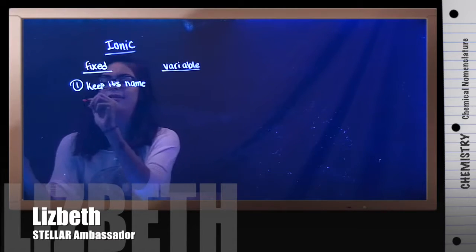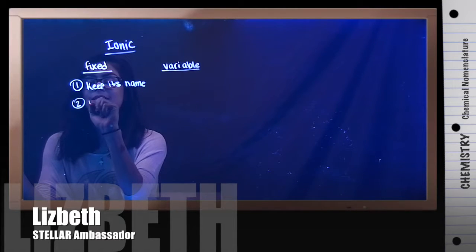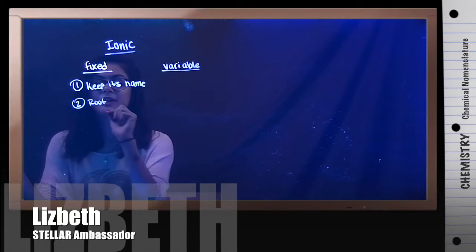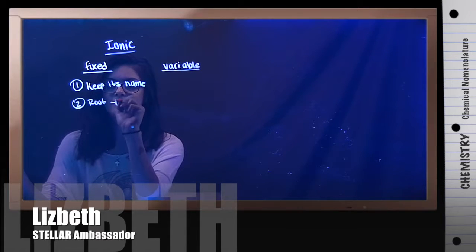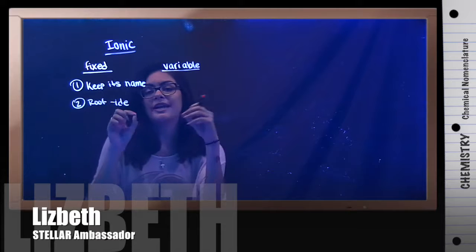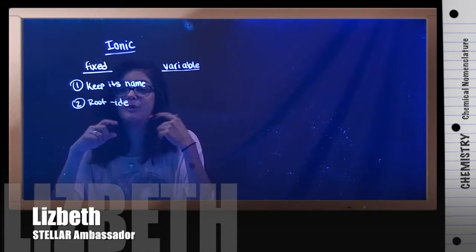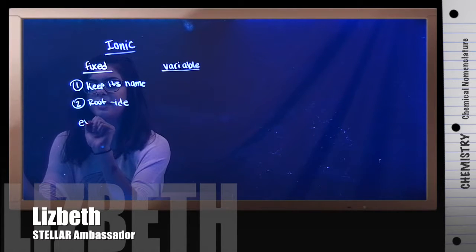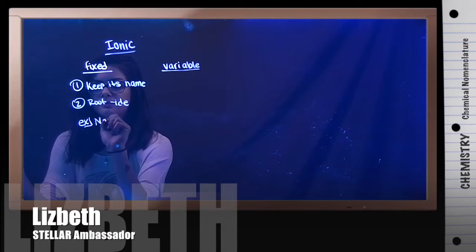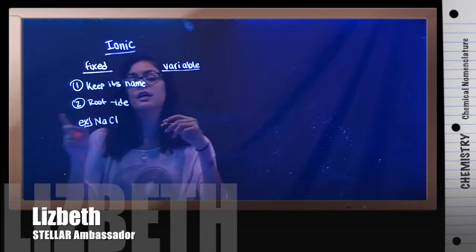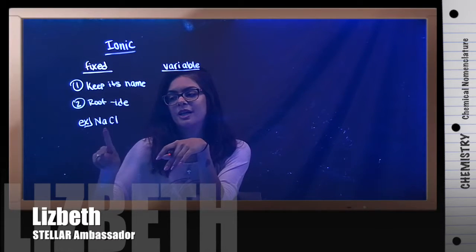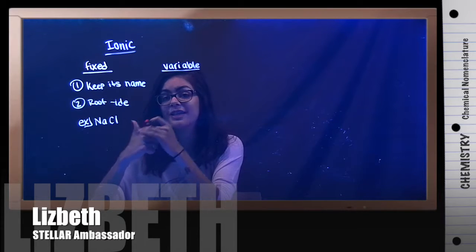The second one, however, is going to have the root of the name, and you're going to end it with the suffix "ide." So a common example that most people will recognize would be NaCl. If you go onto your periodic table and look up what Na is, it's actually sodium.